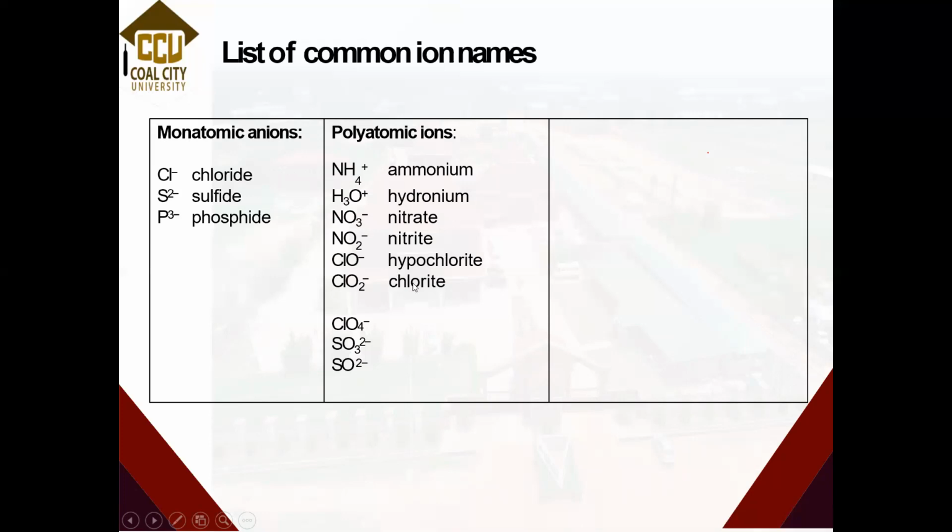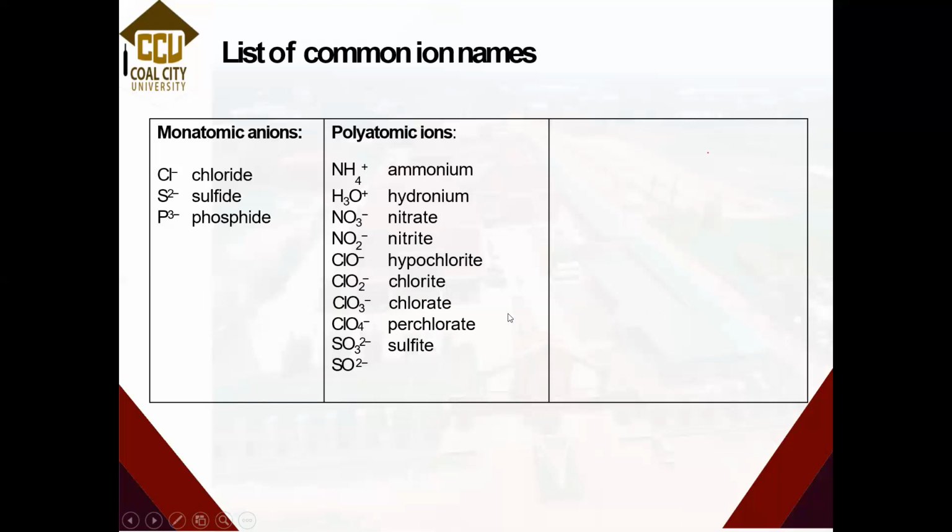And then we have another one, ClO3 minus, which is even greater, which is called chlorate. Then to show four oxygens, I've told you before, we use what? Perchlorate. So we use per to show a greater number of oxygens, from 3 to 4. And to show that we have fewer oxygens than chlorite, we have hypochlorite.